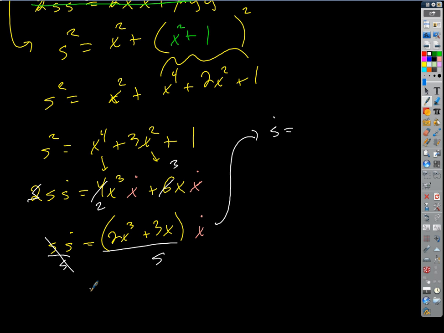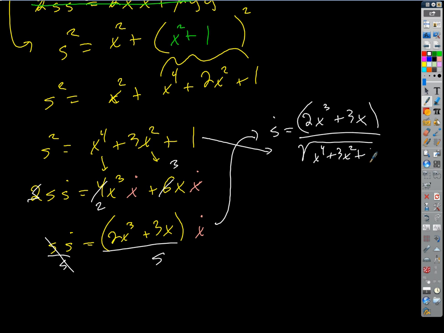Well, s is just the square root of that stuff, isn't it? If I square root both sides, I end up with a pretty complicated looking equation, times x dot.